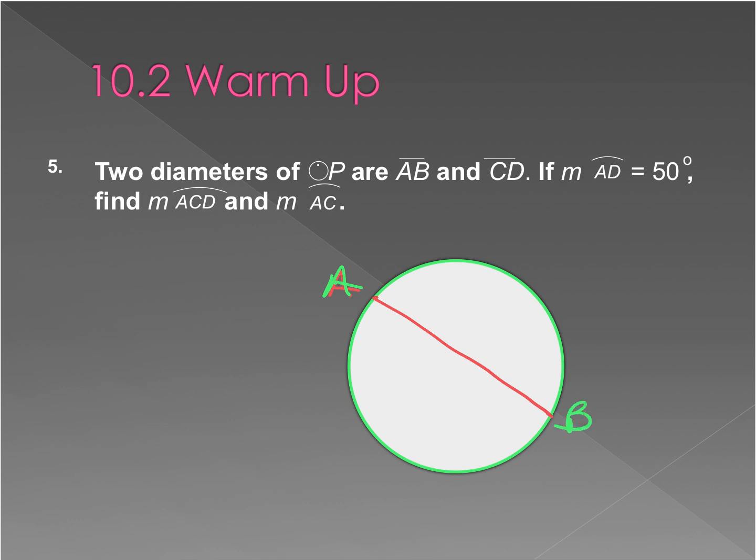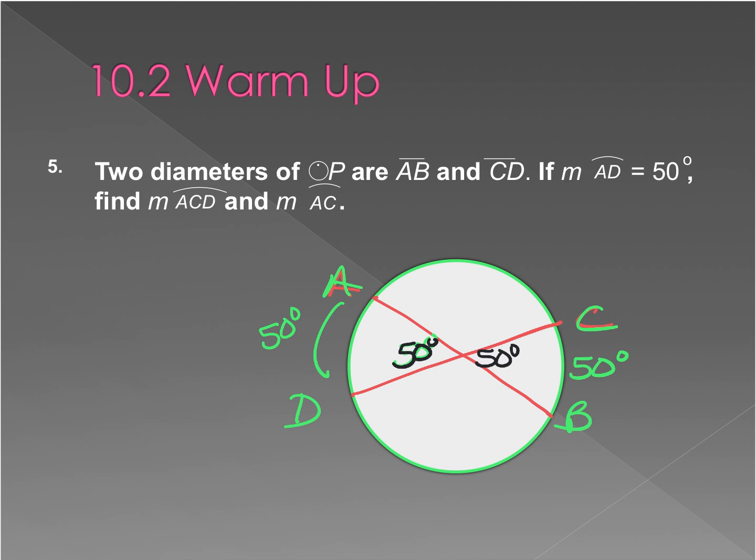And then I've got another diameter here of CD. And they told me arc AD is 50. So that's 50. So then the central angle is 50. And then the one that's vertical to it is 50. And then CB would also be 50.